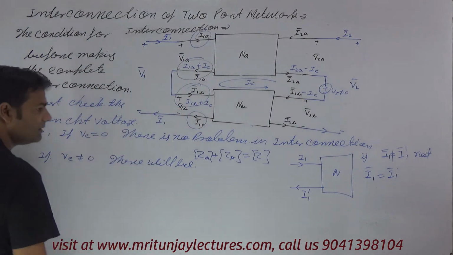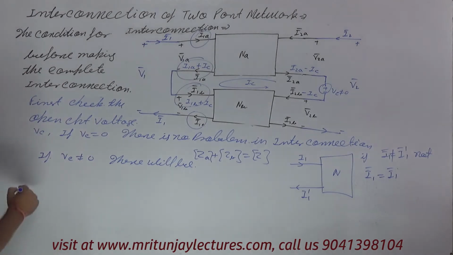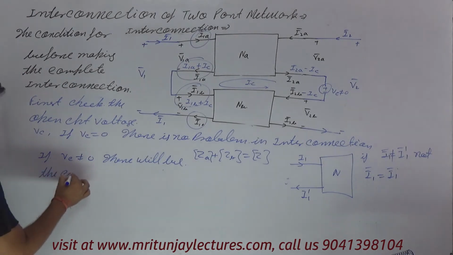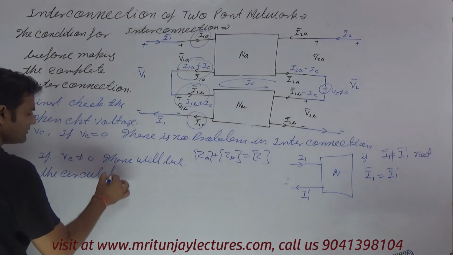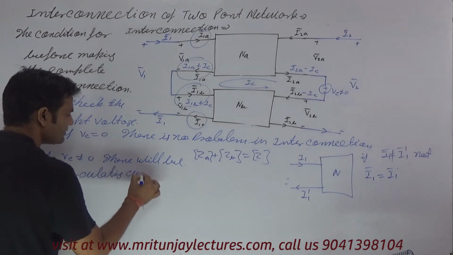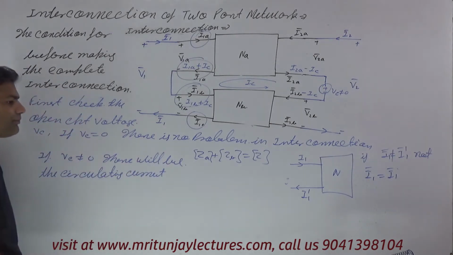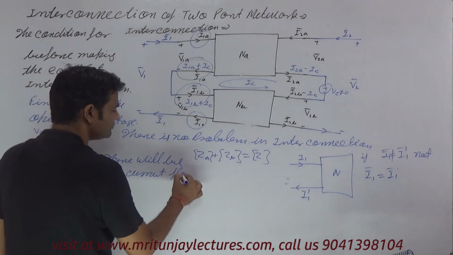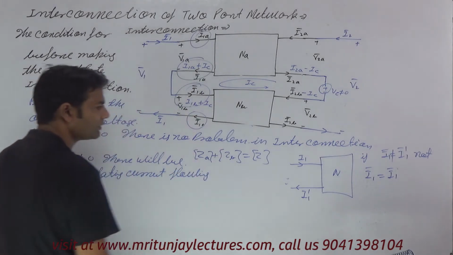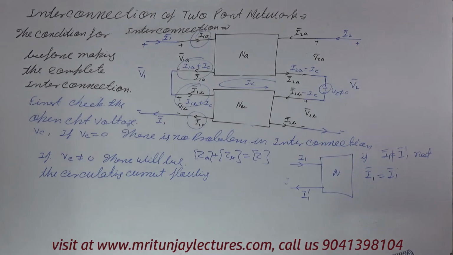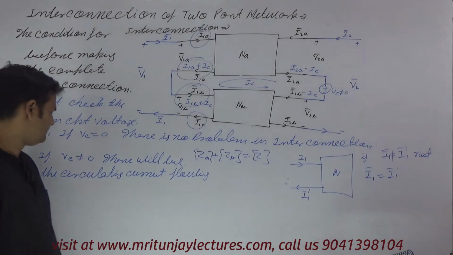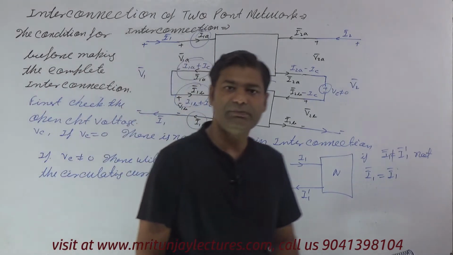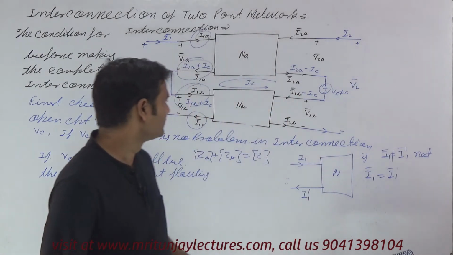Written as, there will be the circulating current flowing. Clear? If Vc is not 0, then circulating currents flow corresponding to here, like this.